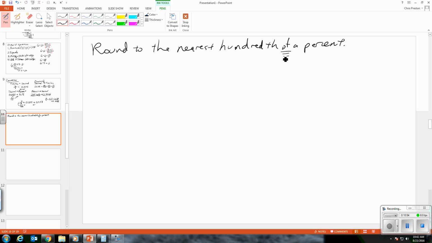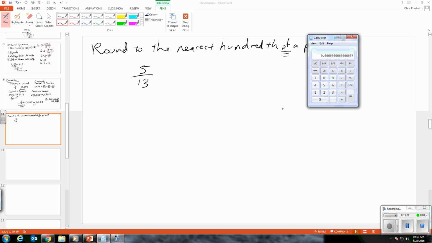Hundredth of a percent. So let's say we had 5 over 13. Okay, so what is that? That's not going to come out pretty. 5 divided by 13 comes out to be 0.386.